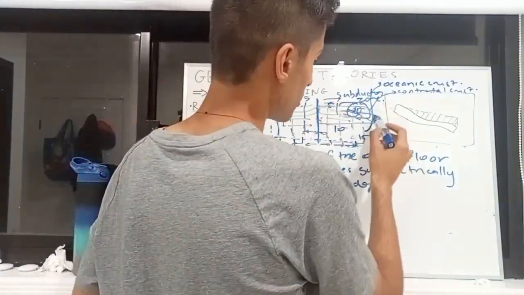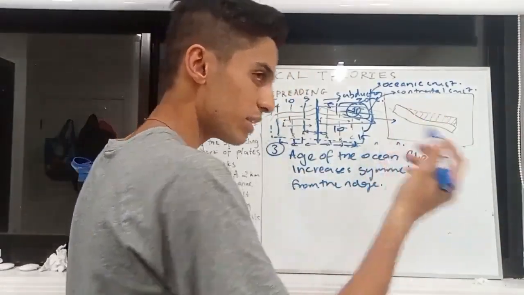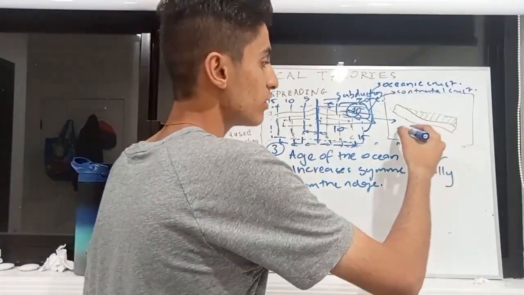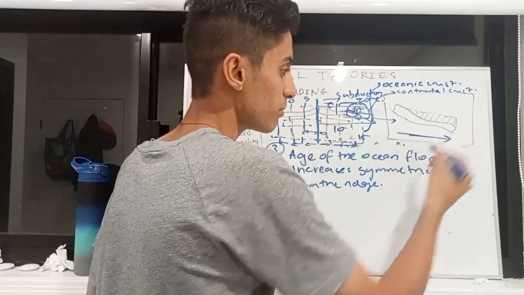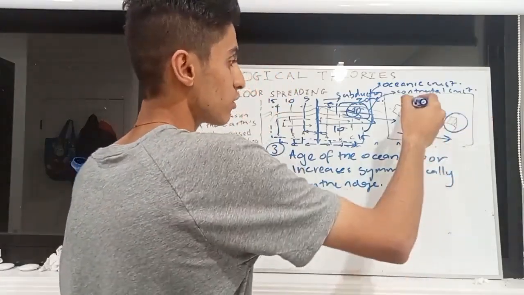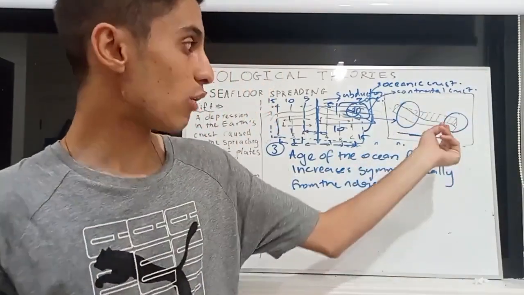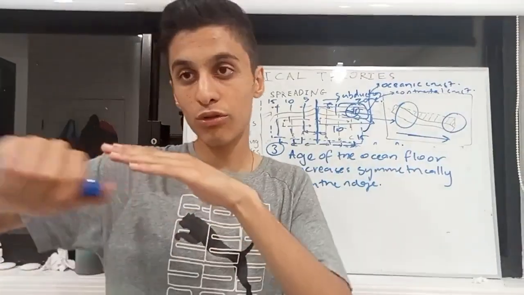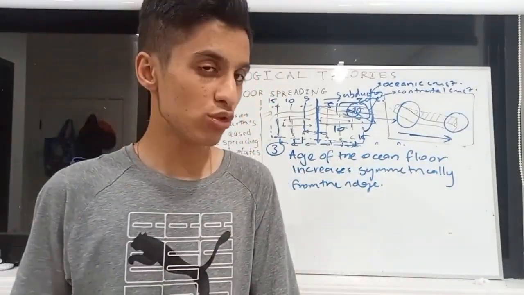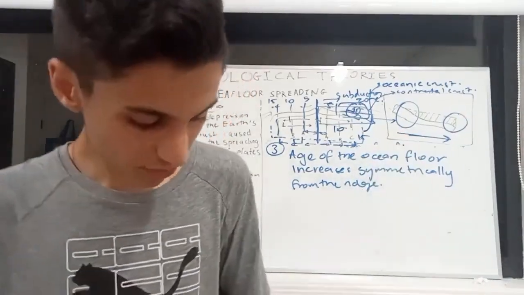They noticed that when they measured the amount of sedimentary rock, if you go further away from the ridge, you're likely to find more sediments than if you're closer to the ridge. So the amount of sediments gathered on the plate increases as you go further away from the ridge, hence also suggesting that there's new oceanic crust being formed at the ridge.